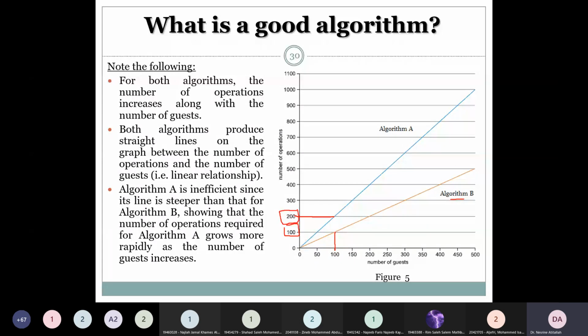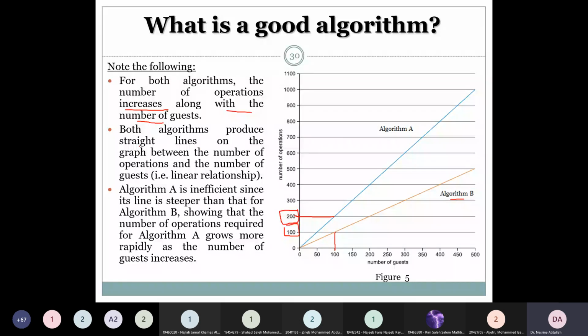For both algorithms, the number of operations increases along with the number of guests. Both algorithms produce a straight line on the graph between the number of operations and the number of guests, so it is a linear relationship.